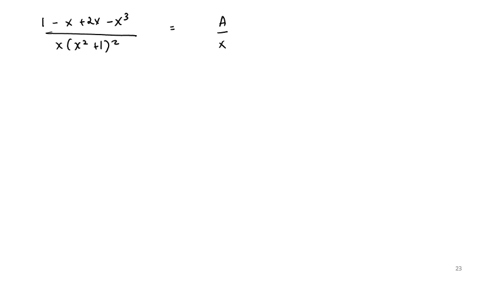So A over x plus (Bx plus C) over (x squared plus 1) to the power of 1 in this case, plus (Dx plus E) over (x squared plus 1) to the power of 2, because it's only repeated 2 times. If you notice, A here is not a linear function because x is just to the power of 1, so it doesn't make sense to have A as a linear function, then it would be an improper fraction. So now just try to find the values of A, B, C, D, E.